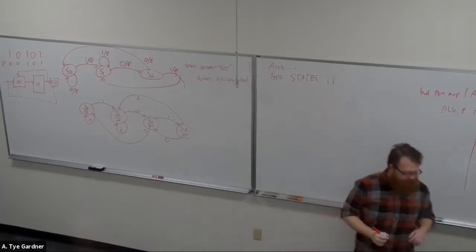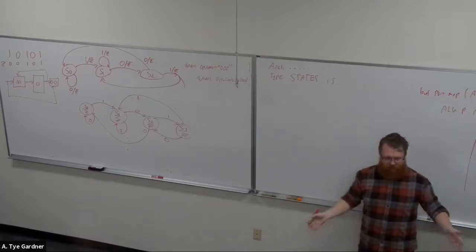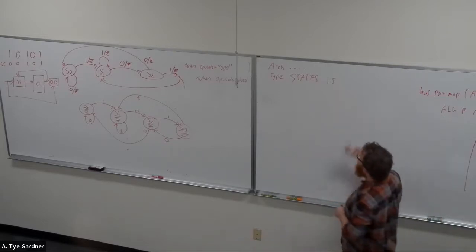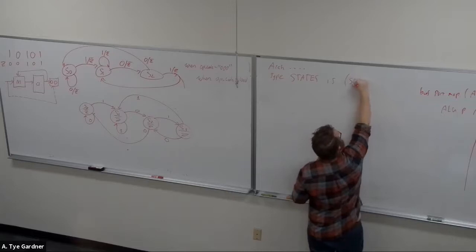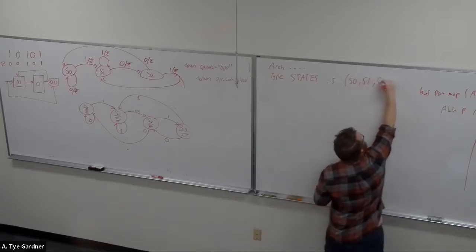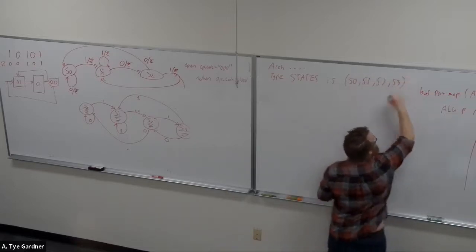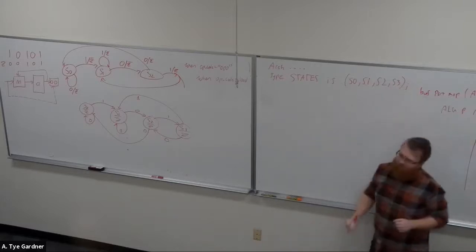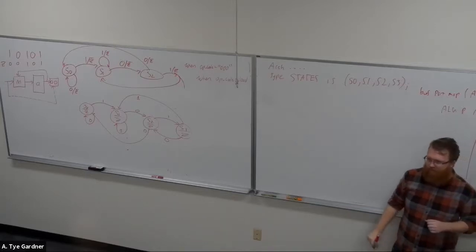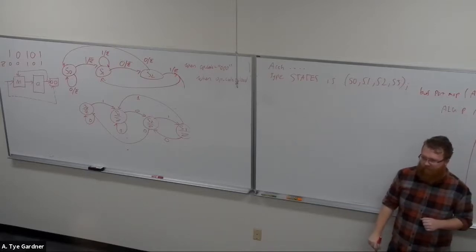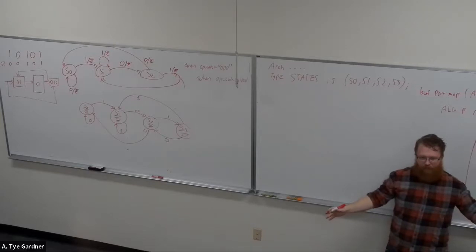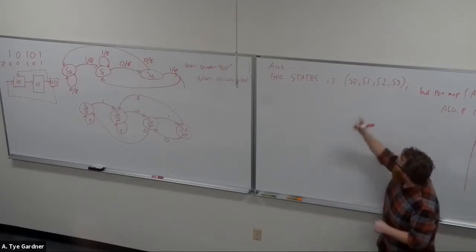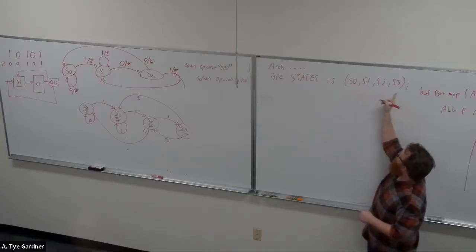And then once I do that, all I have to do is enumerate them or list what I want them to be. So if I look here, I have S0 to S3. So I do S0, S1, S2, S3. Done. I now have a type called STATES that can be S0, S1, S2, or S3.